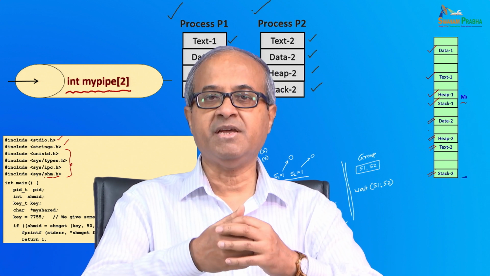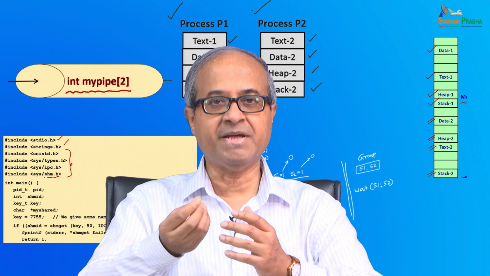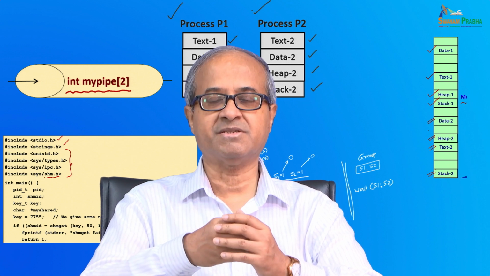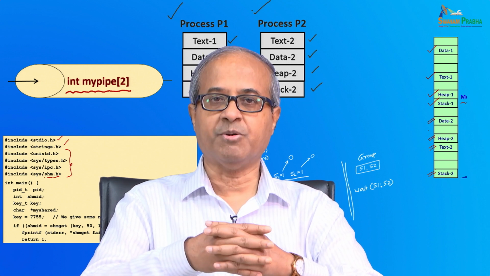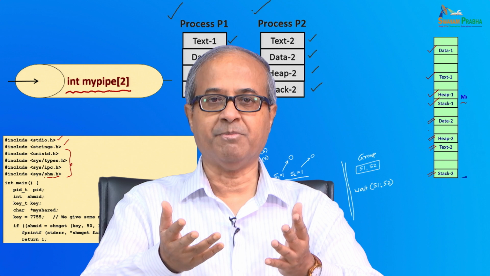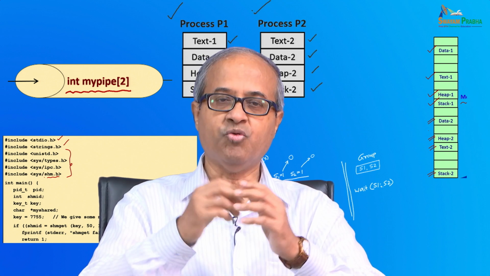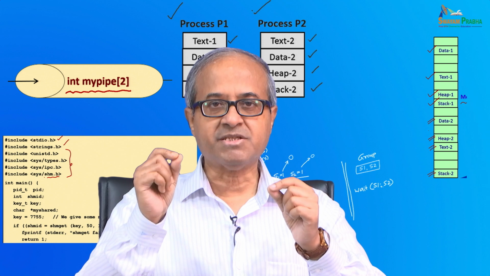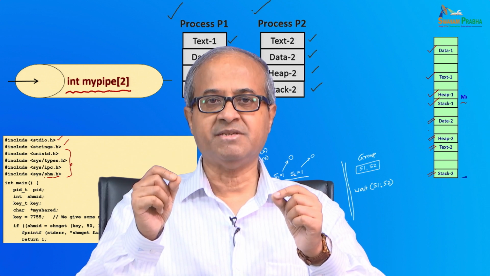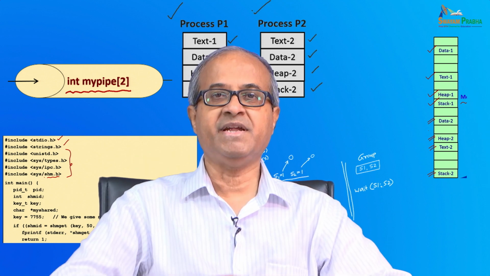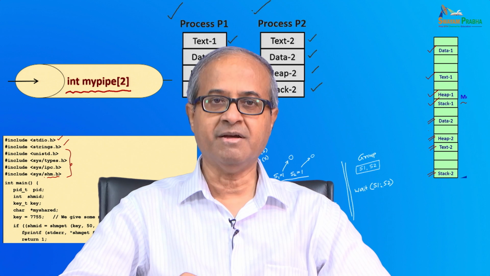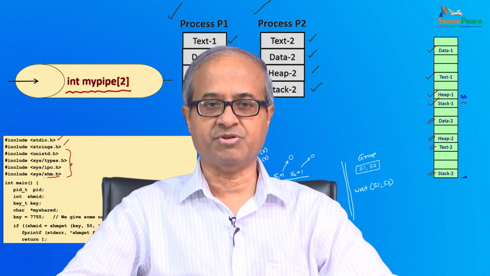Then specifically we talked about some classical applications, like the producer consumer problem, the readers writers problem, and the dining philosophers problem, where we saw that some problems arise due to the concurrent nature of the processes which are running, and we also suggested some solutions.